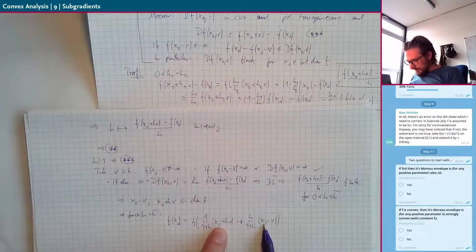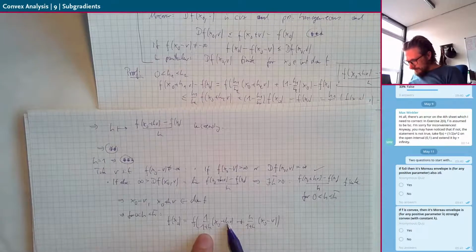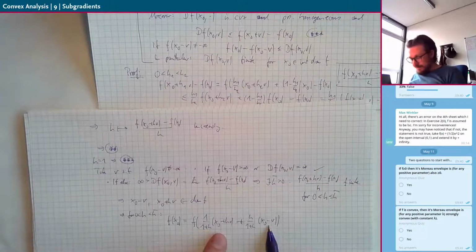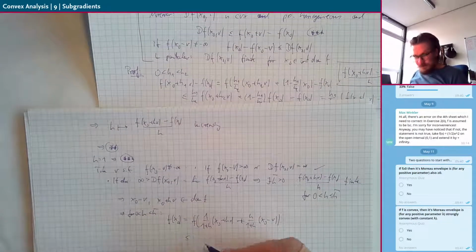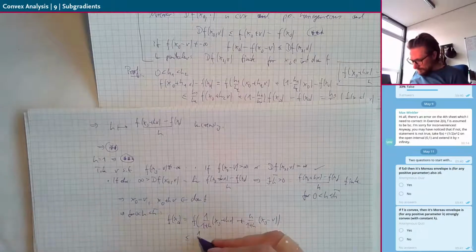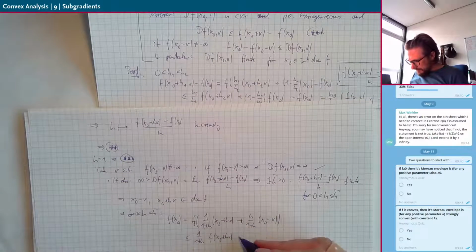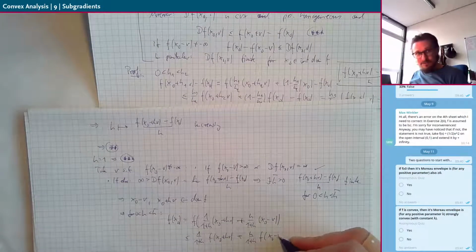So these guys added together give x0, and this is h over 1 plus h v, and this is negative h over 1 plus h v. So this is actually x0 here. Okay, convexity again, f of x0 is at most 1 over 1 plus h f of x0 plus hv plus h over 1 plus h f of x0 minus v.